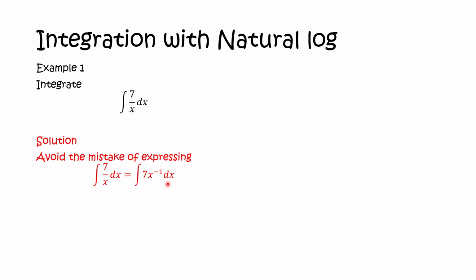Nothing wrong with expressing that according to the laws of indices, but this approach is a little bit tricky. Why? Because then some people would tend to add 1 and divide by the answer, in this case, which is impossible to divide with the 0. Then they get the answer they get there, which is extremely wrong.